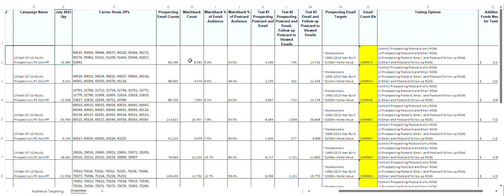We would take the 8,400 addresses here, split them in two, and send 4,200 people who received a postcard also an email. The second testing option is that the other 4,200 would get a postcard and an email, and then the ones that opened and viewed the email, we would send a follow-up postcard, and we could get a reading on return on ad spend from that bucket.